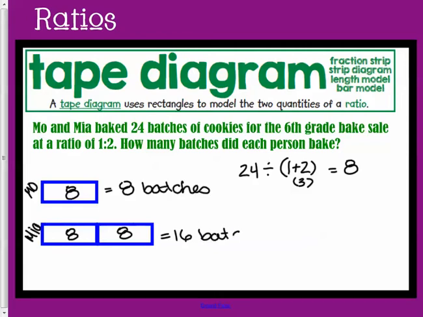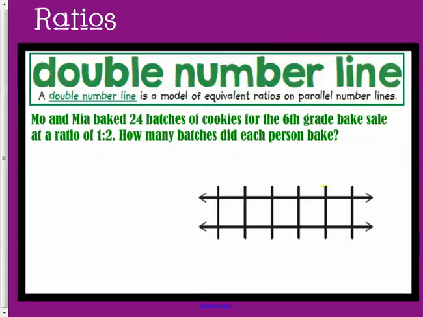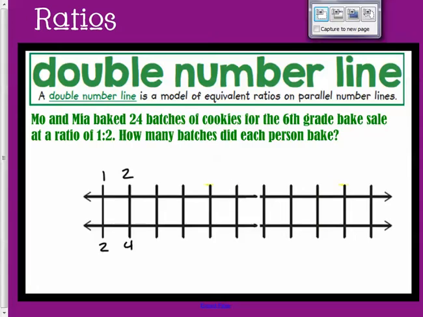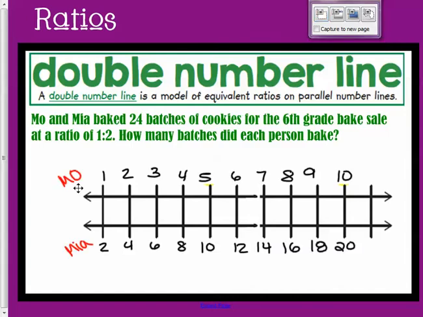If I did the double number line, I would have started with a 1 to 2 and then increased from there. And you can always add on like I did if you need more space. So we're going to increase by 1 on top and 2 on the bottom. So here's what I would have gotten as I did that, making sure that I label them Mo and Mia.